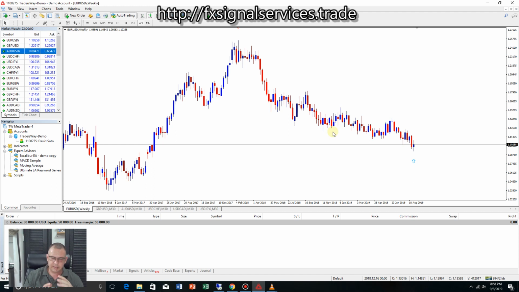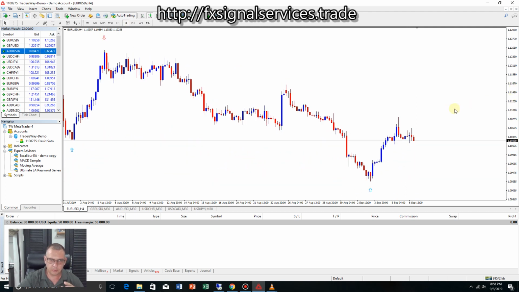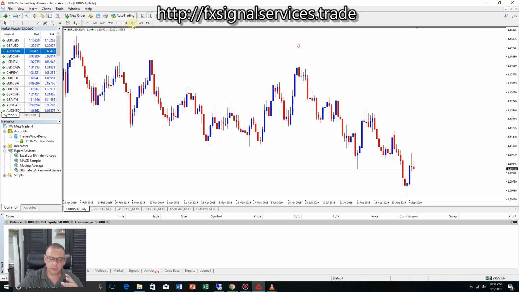It's not going to be a very fast or sharp uptrend, but a slow and gradual process. This has been wanting to go into an uptrend for quite some time, but the US dollar is a fighter. It's going to fight back. It's not just going to give up and allow this to shoot up. So what we can expect this week is for this pair to more than likely form a range-bound market, because the US dollar is definitely going to fight back.